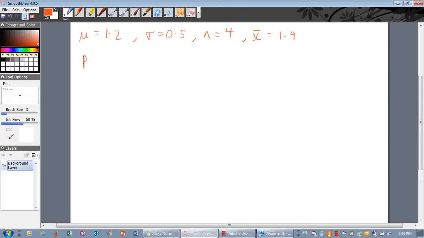And so what we want to look at is the p-value. So the p-value is the probability that x bar is greater or equal to 1.9. So equal to this value or more extreme. What's the probability of that happening? Let's have a look at it.